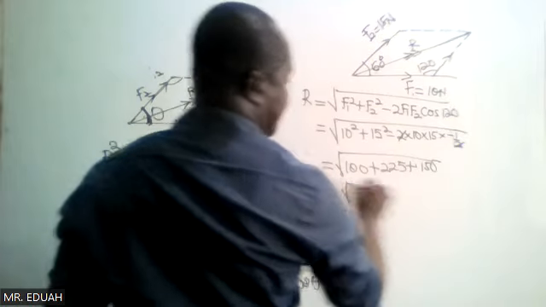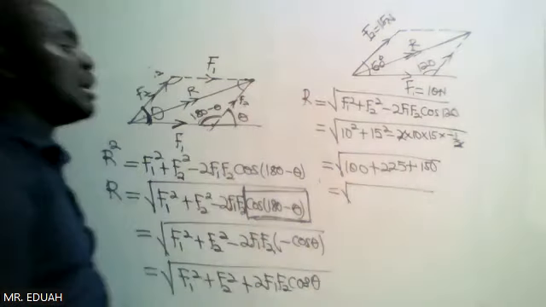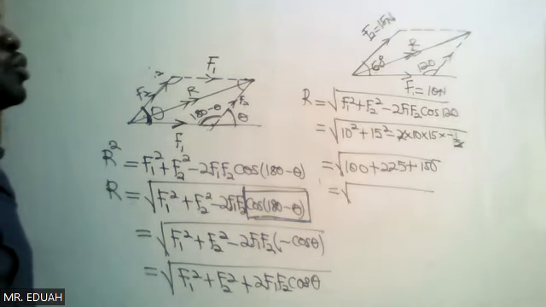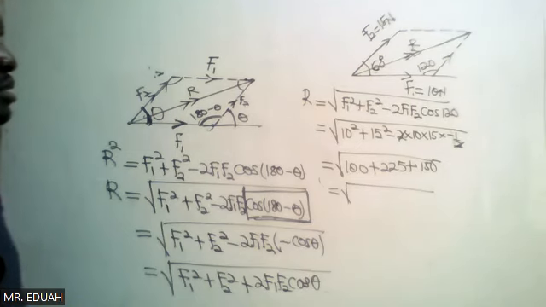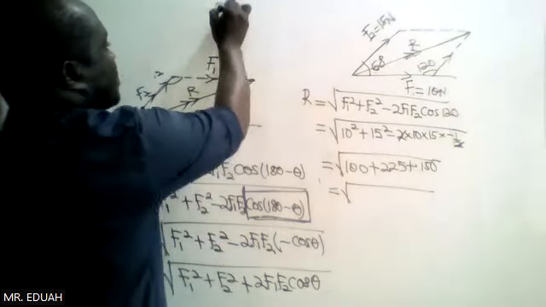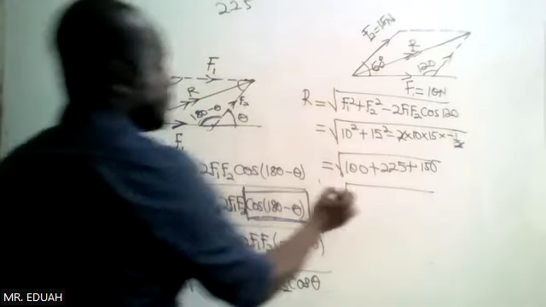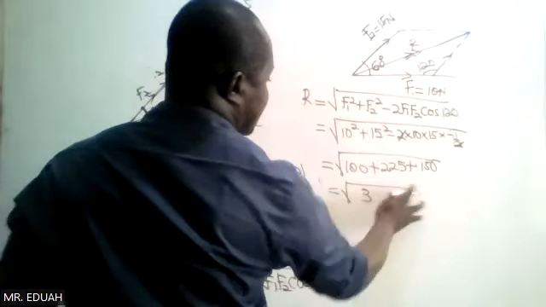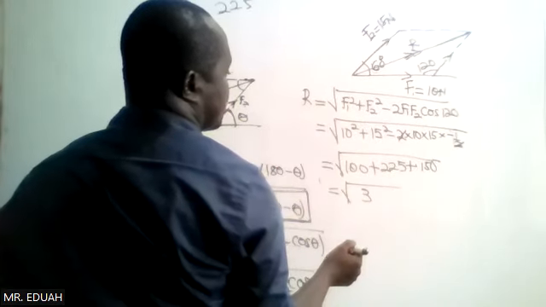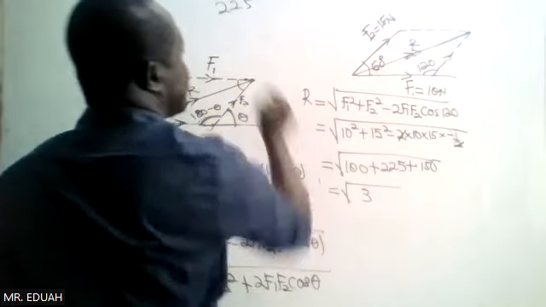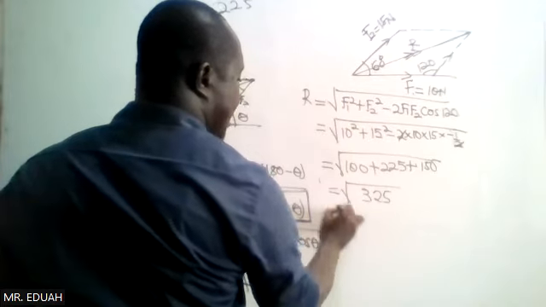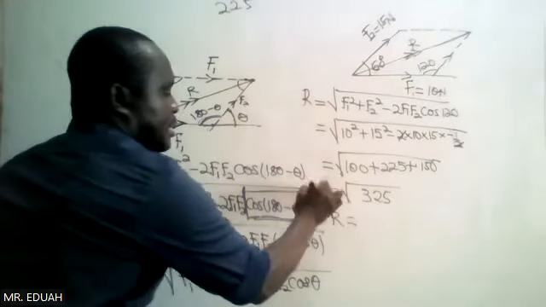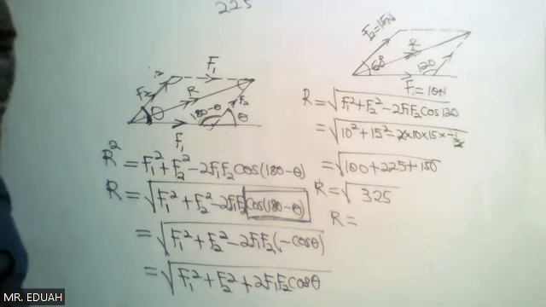When you sum up 100, 225 and 150, what does that give you? Hello, I'm waiting. 475. So what will be the value of R?